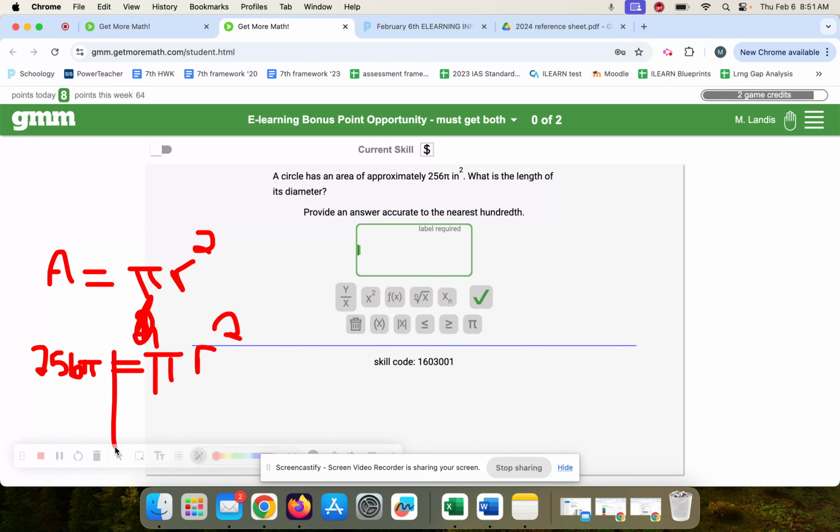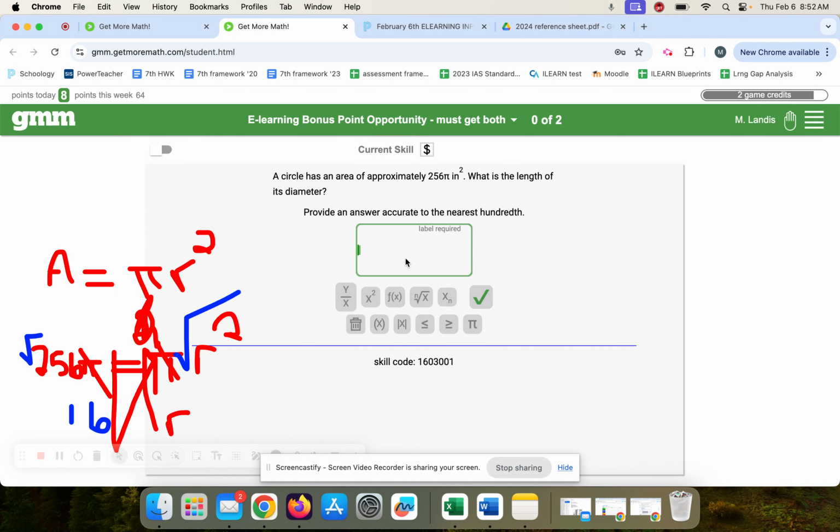Anyway, so if there's pi on each side, that's going to cancel out, okay? Those cancel. So basically, you got to figure out what number squared is 256. And how you get r by itself is you square root each side, because the square root of r squared is just r. So basically what you need to do is square root 256, and that gives you an answer of 16.